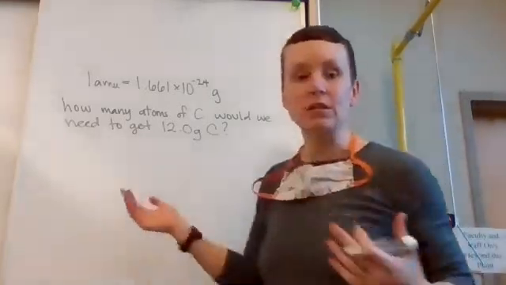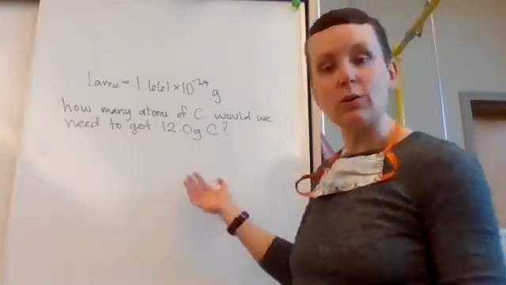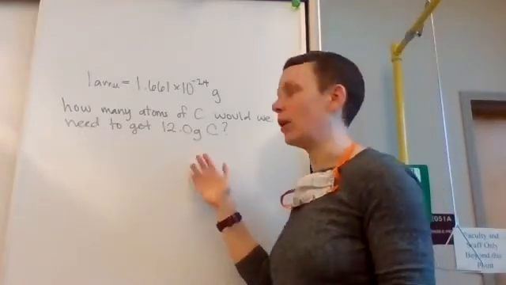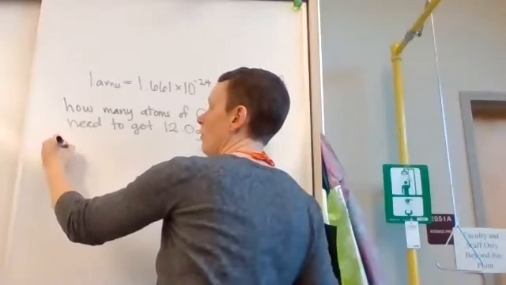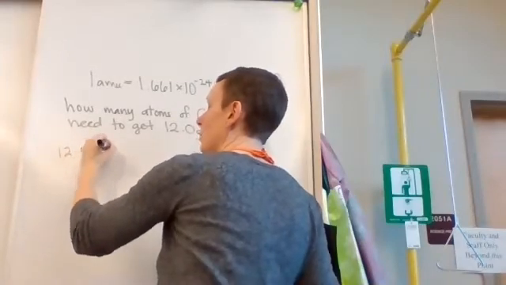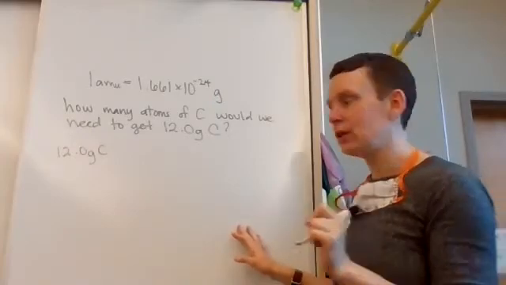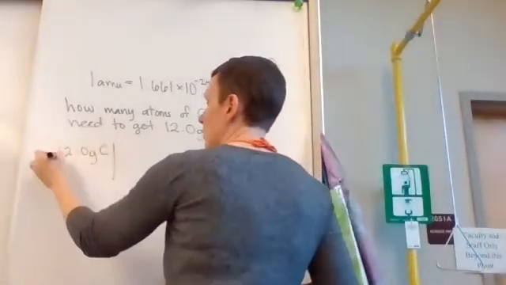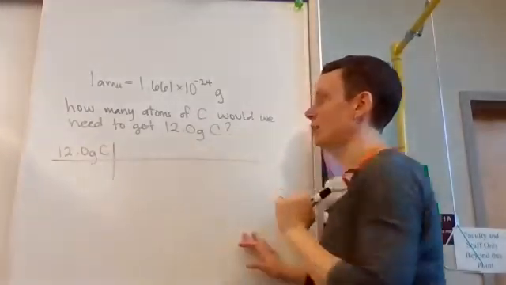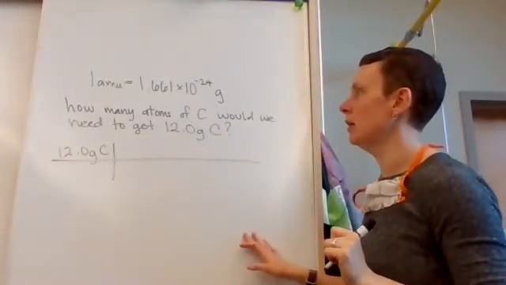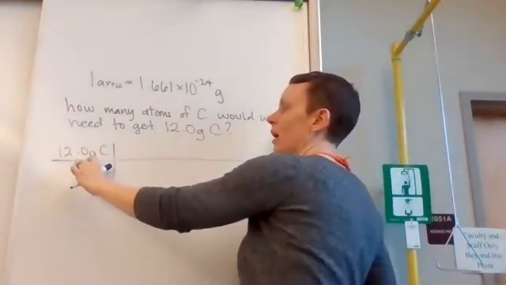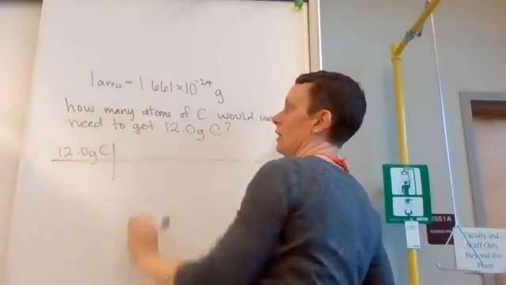So we start with that 12 grams. That's the number in our question. We start with 12.0 grams of carbon, and we're trying to figure out how many atoms that is. So we set up a conversion factor label method, and we know that grams and AMUs have this relationship.